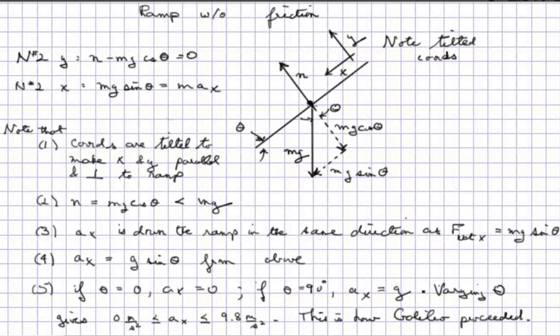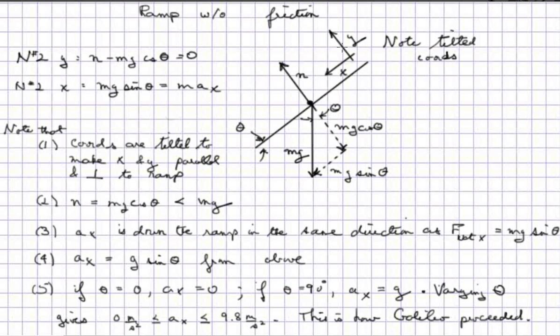And so if I'm going to find the y component of mg, it would be mg times the cosine of theta. That would be pointing in the y direction, actually the negative y direction to be more precise. And mg sine theta would be the component of mg pointing in the x direction. And so using this scheme, I can write down Newton number 2 in the y direction: n minus mg cosine theta is equal to 0.